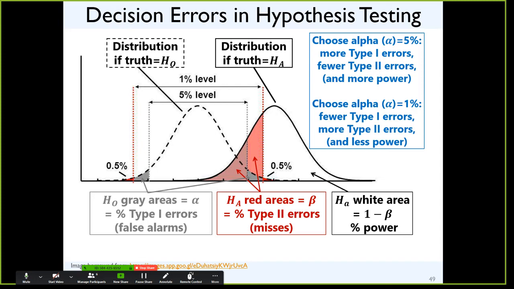So there's a trade-off. What kind of error is more problematic? It depends entirely on your research context, right? What is the cost of missing something versus the cost of a false alarm? For whatever reason, type 2 error rate is usually set at 20%.